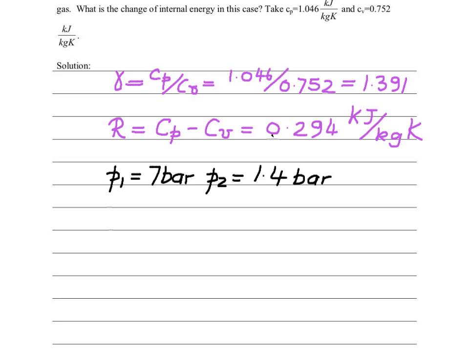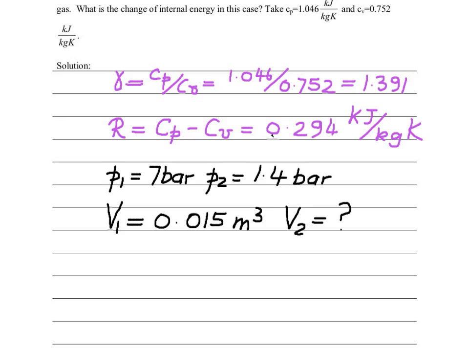V1 is equal to 0.015 cubic meters, and V2 we have to find.